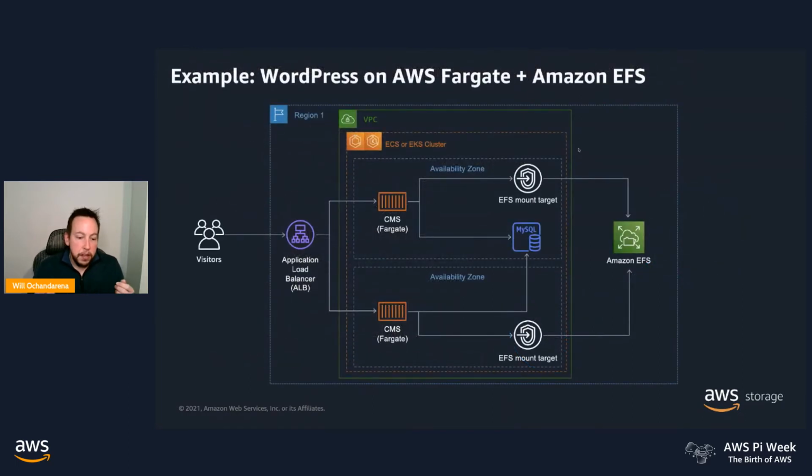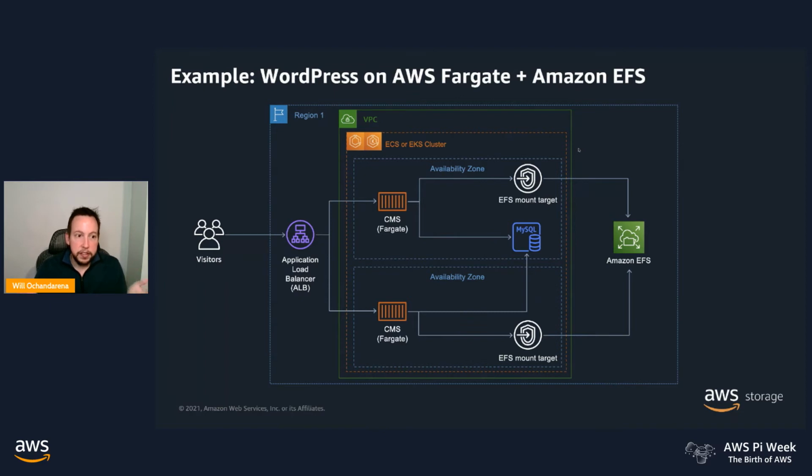We have reference architectures on the website for how to run several of these. Most of them look a lot like this, where you take the off-the-shelf content management system, so WordPress in this case, you put it behind an application load balancer, and now you have a regional version of that.